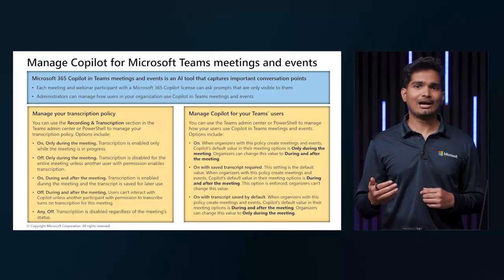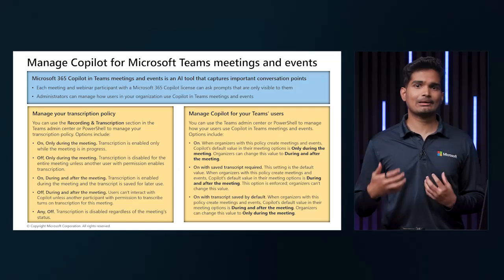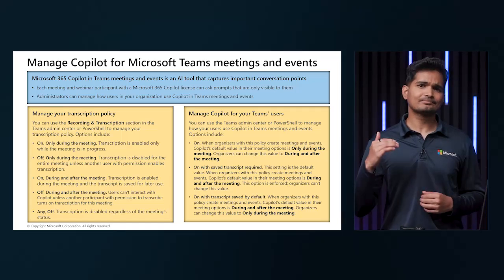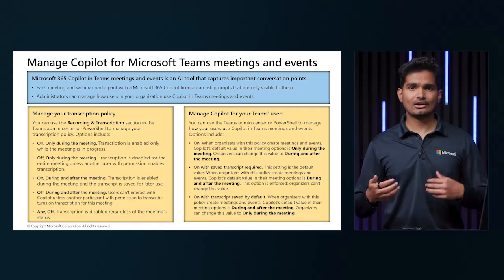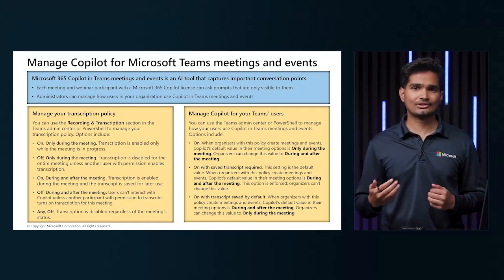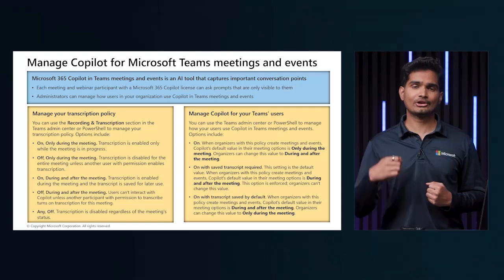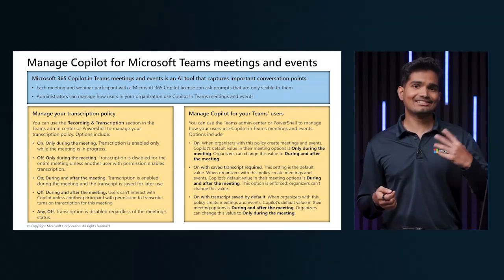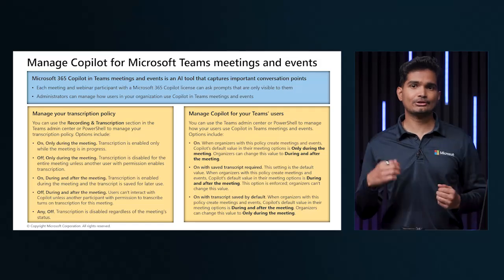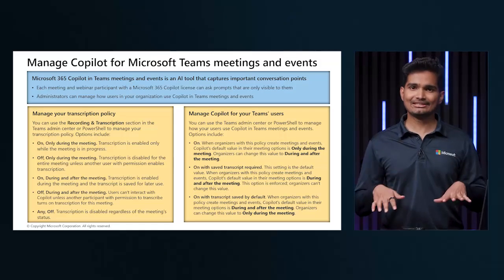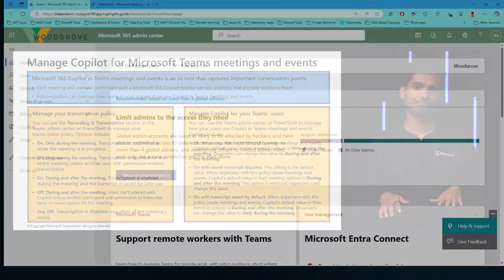Microsoft 365 Copilot in Teams can also recommend follow-up tasks, all in real time during a meeting. Organizers, co-organizers, and presenters can use Copilot during town hall events. As an admin, you can manage how users in your organization use Copilot in Teams meetings and events.